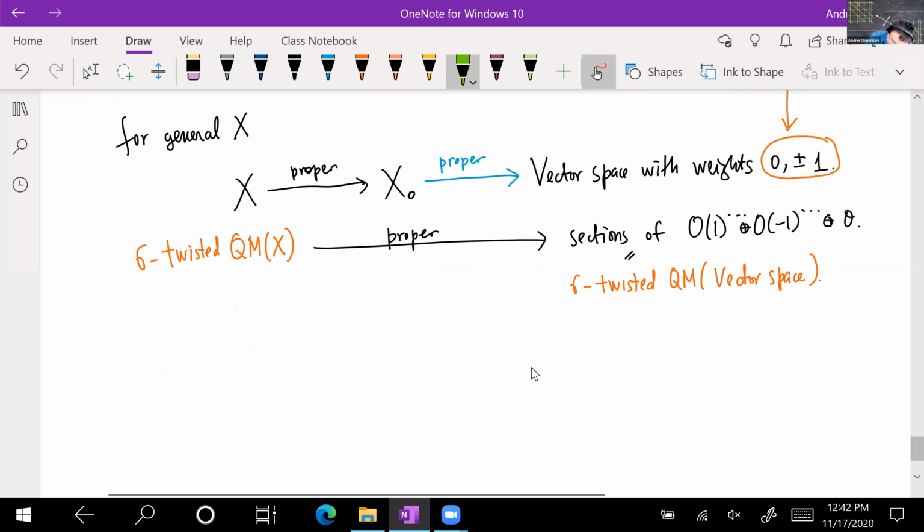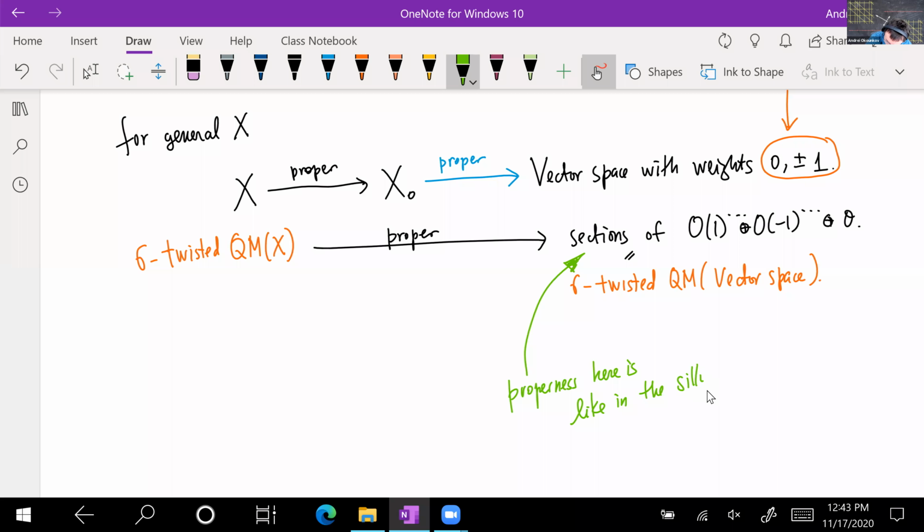Once we impose this, we just did properness here. Properness here is like in this little example. And so this being proper, the whole thing is proper. Okay, so that's how you use the minuscule condition to prove that something is proper.